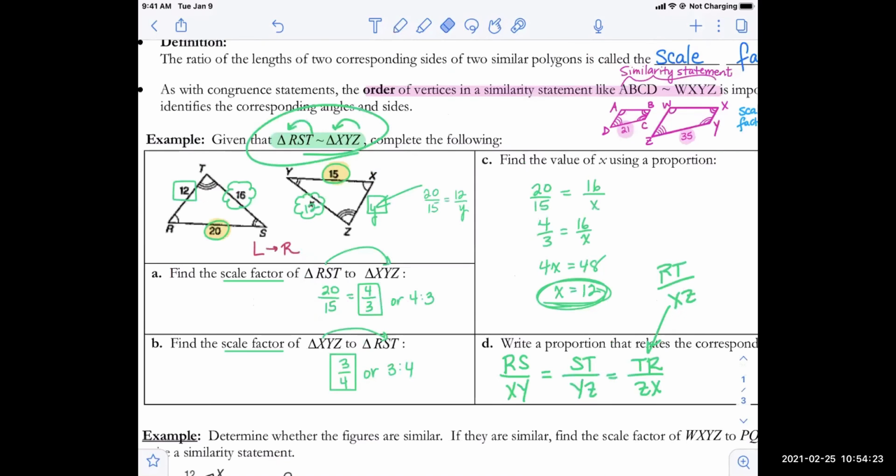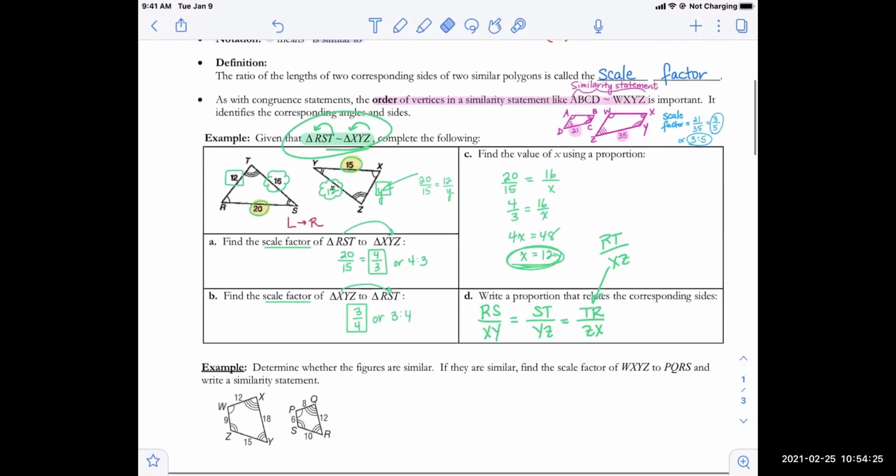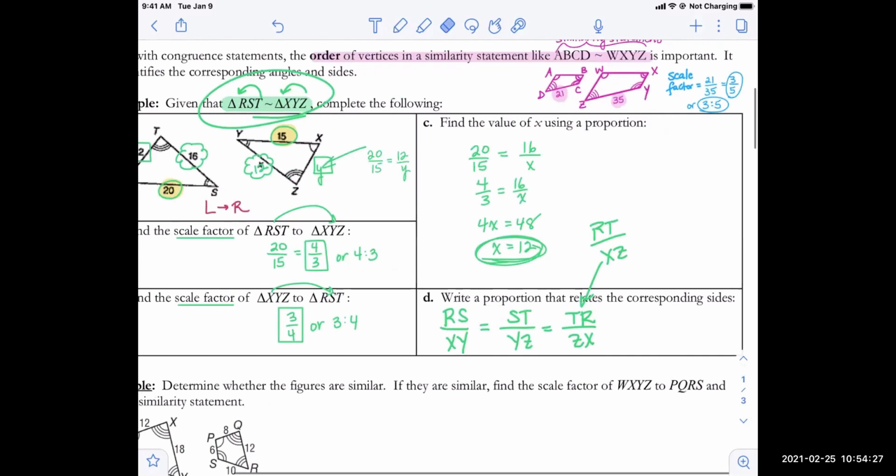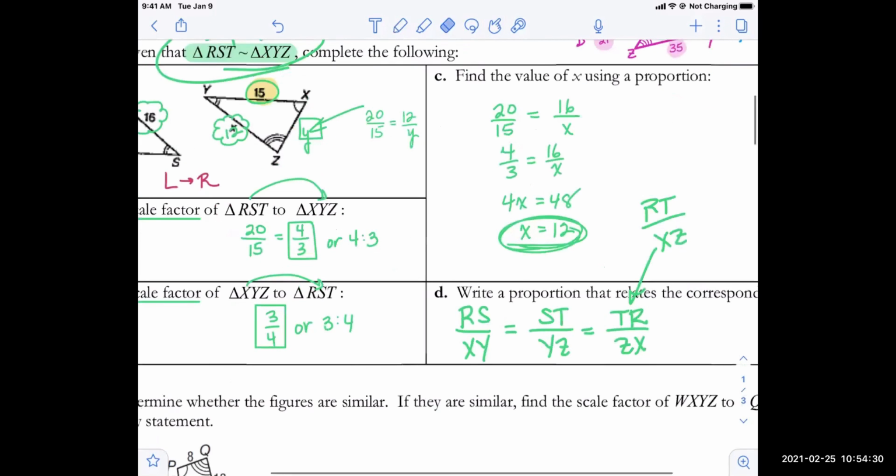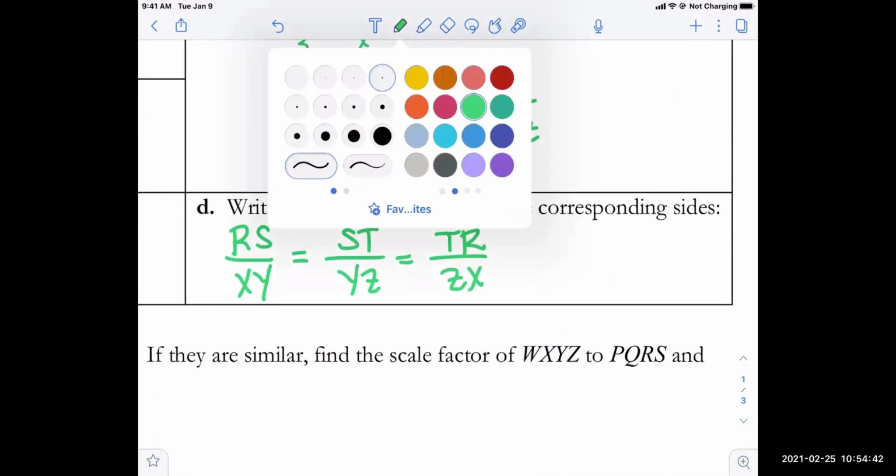Okay, that's a proportion that relates to corresponding sides. All of those ratios would be equal to 4/3, right? Because every side in the first triangle compared to the second triangle is a 4:3 ratio. So if your top triangle is the RST triangle and your bottom triangle is the XYZ triangle, all of these would be equal to 4/3.